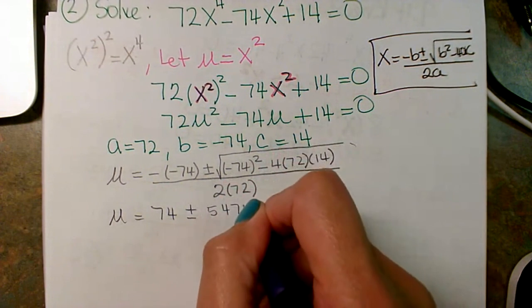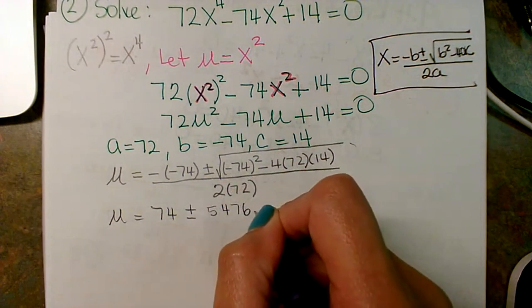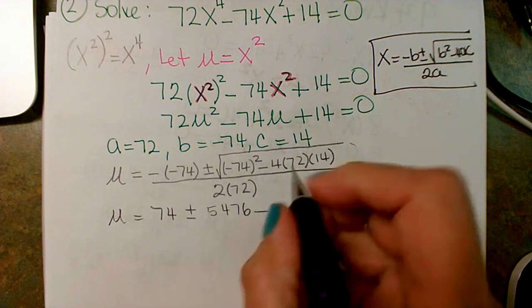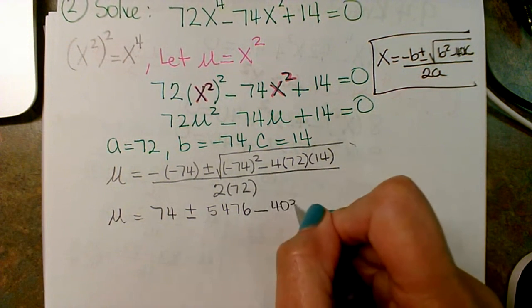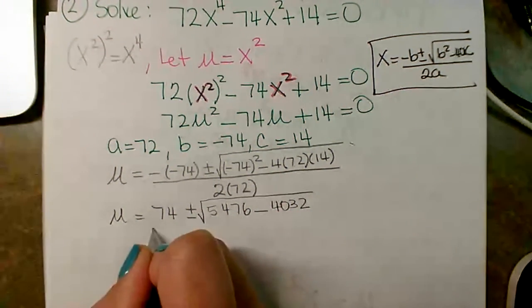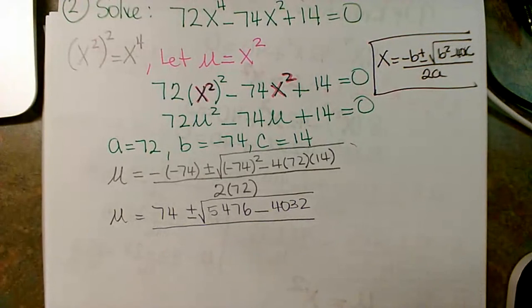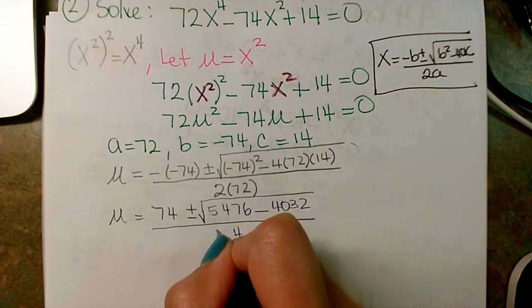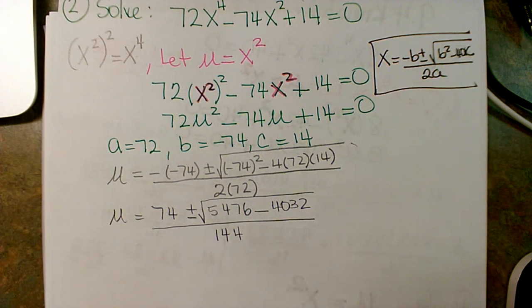So this is positive. Let me do that. 5,476. 4 times 72 times 14, that's 4,032. So let me subtract that.